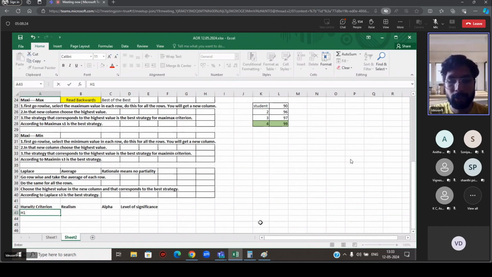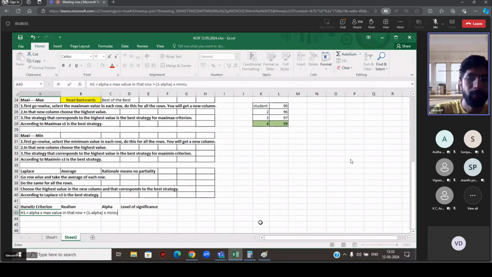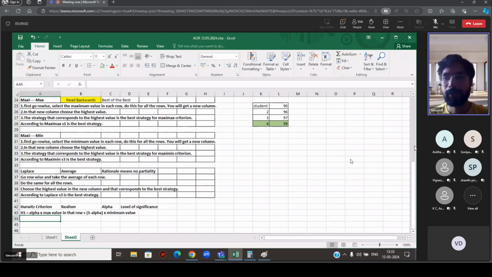H1 is equal to alpha into the maximum value in that row, plus 1 minus alpha into the minimum value. Okay, do this for all the rows.